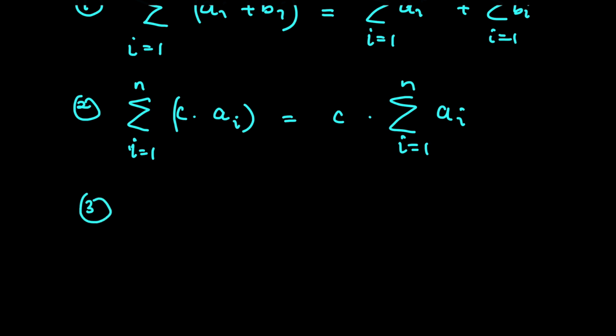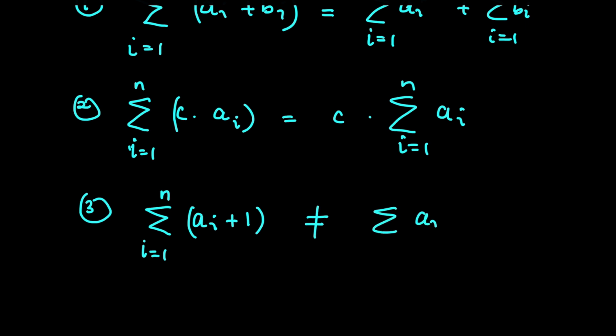Okay, number 3 and number 4 is going to be very important. Let's say, for example, you've got sum of A_i plus 1 from i equals 1 to n, right? I want you guys to take note that this is not equal to sum of A_i, plus 1, from i equals 1 to n.